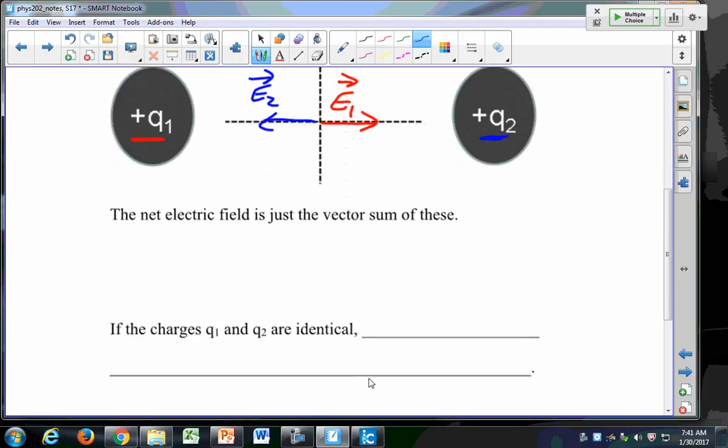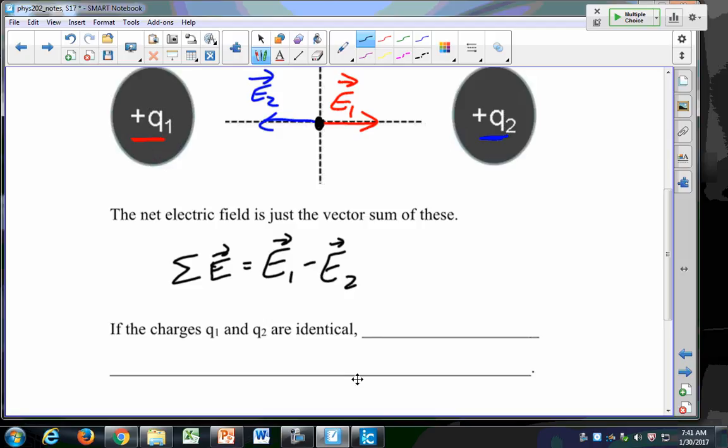And so the net electric field is just a vector sum of these. If I want to know the net electric field at this point, I do the sum of the electric fields. That's going to be E1 minus E2. Just do the vector sum. And so if the charges are identical and we are equidistant between the two, then what's the electric field going to be?